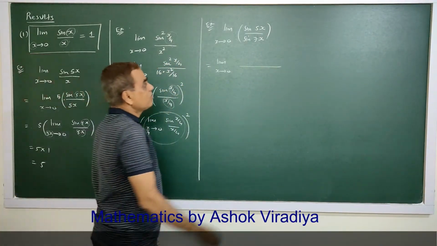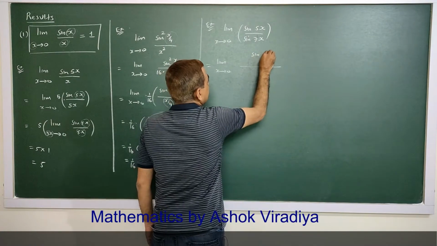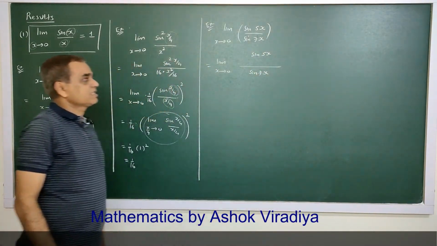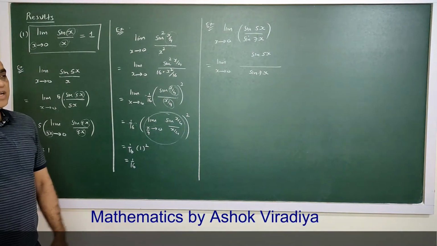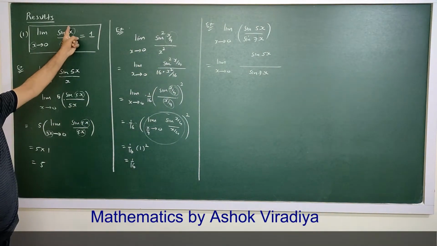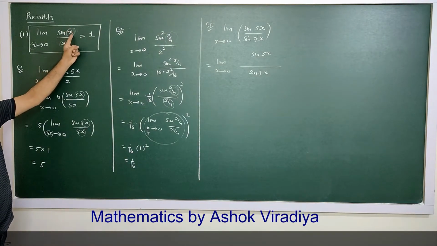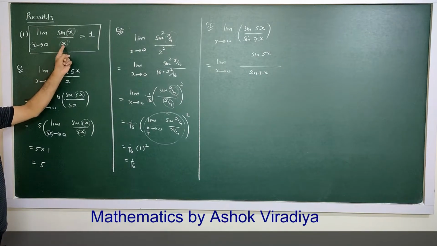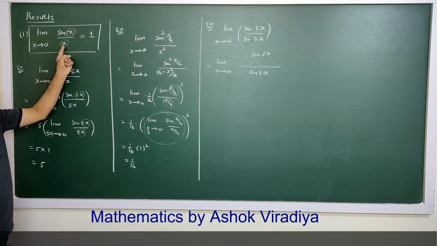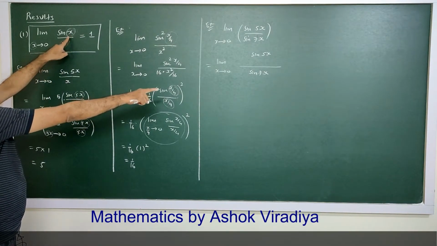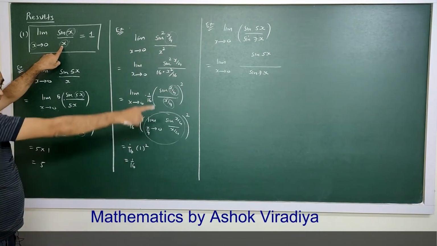What do I do? The numerator is sine 5x, the denominator is sine 7x. We can convert this into this form. See here 5x is given in the numerator, so we need 5x in the denominator. And if 7x is given with sine, then with sine 7x we need 7x in that denominator.